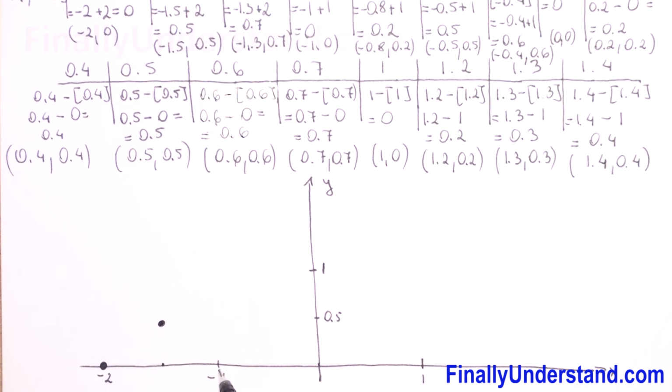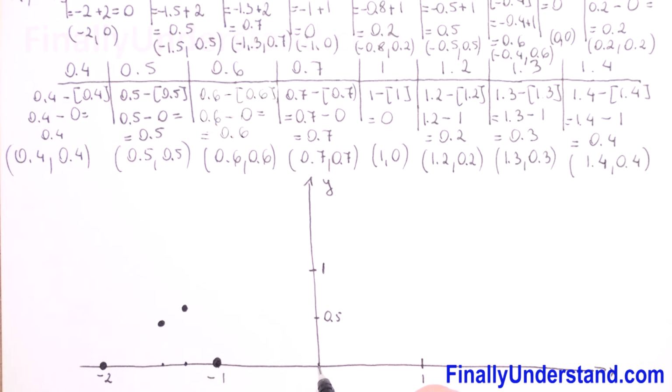Next we have negative 1.3, so it will be just here, and the value is 0.7. So we can write here. Next we have negative 1, and for negative 1 we have value 0.